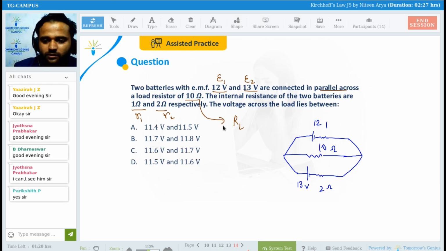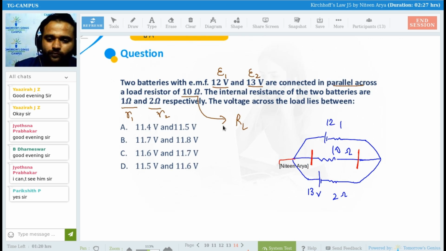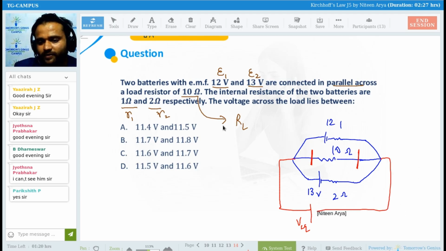In this question, you need to find the voltage here in between. For that, you need to find this first, which is V equivalent or EMF equivalent. Obviously, V equivalent is going to be EMF equivalent.